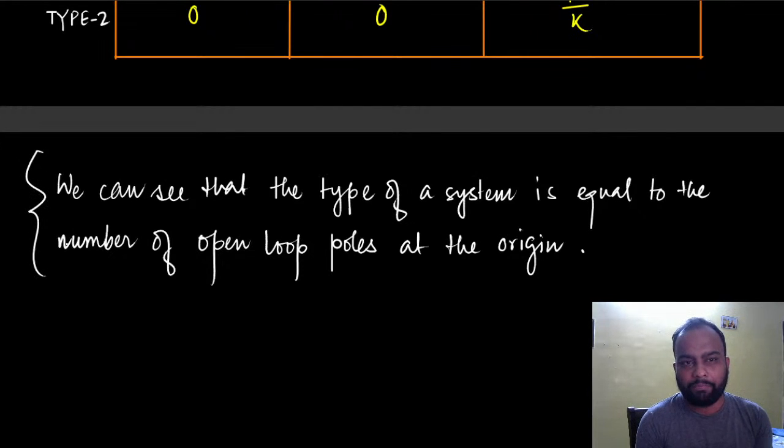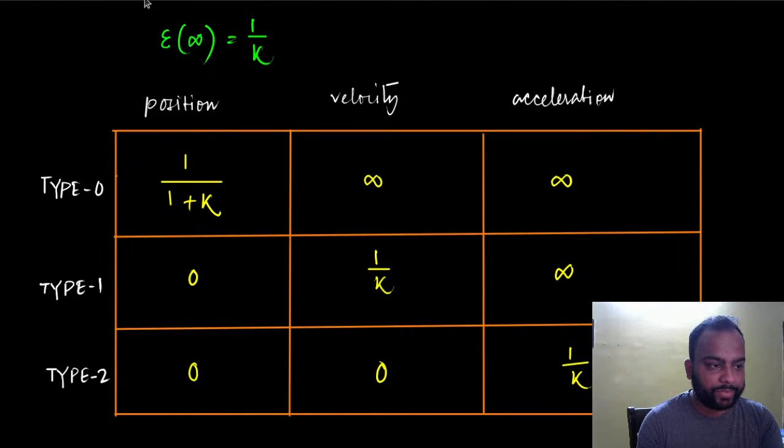In many popular study materials and online classes, and many teachers as well would tell you that the type of a system is defined as the number of open loop poles in the origin, right? But it is not. Type of a system is defined through these errors, through what kind of errors they happen to have.